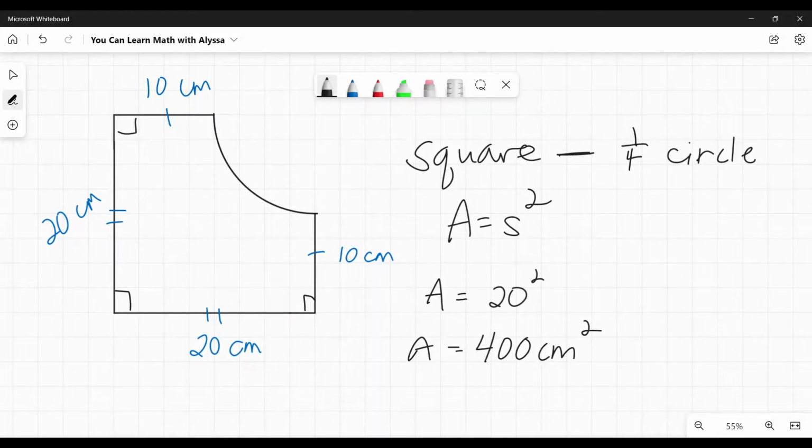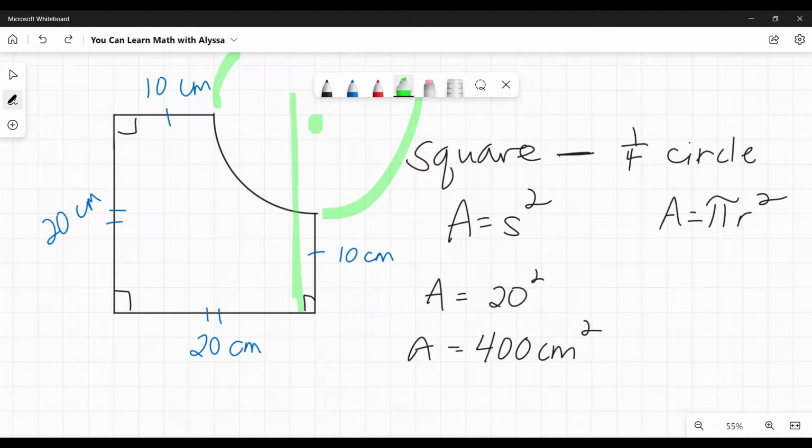Now, the quarter of a circle. Well, my area of a whole circle is pi r squared. Well, let's pretend I'm finding the area of this whole circle. What is the radius? Well, the clue here comes from these two sides, because my little imaginary circle has this as its radius, or I could say this is its radius. They're both radii. So since this whole right side would be 20 centimeters, I know that by looking at this over here.